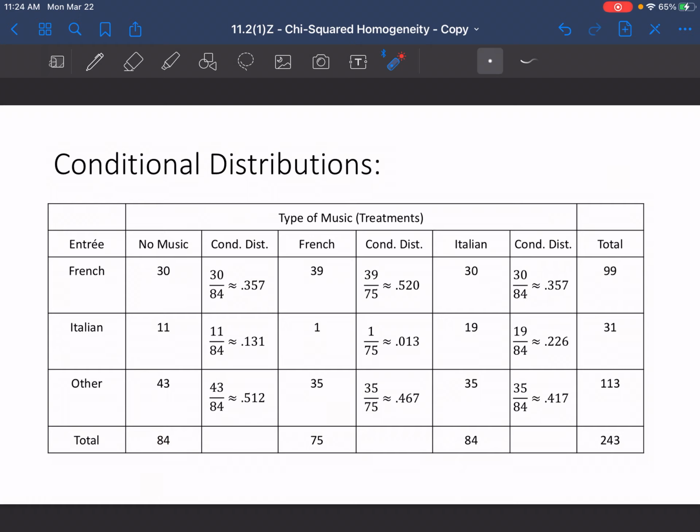So that's going to give us about a 36% distribution of people who ordered French food when no music was played, about a 13% distribution of people who ordered Italian food when no music was played, and a 51% distribution of people who ordered other food when no music was played. We also know that we have a 52% distribution of people who ordered French food when French music was played, and so on and so forth. So we're just taking whatever's in each individual cell, 30 divided by its column total, or 39 divided by 75, or 30 divided by 84, right there.